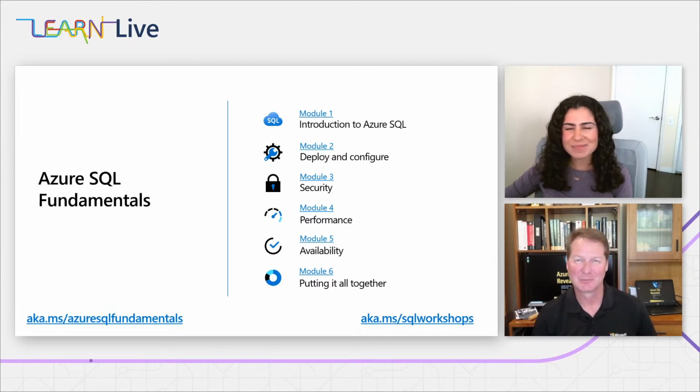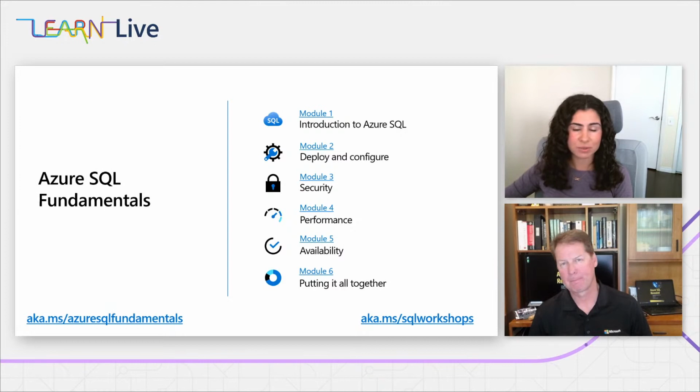A few references you'll see on the bottom left and bottom right. That first one on the bottom left is going to be to this learning path in Microsoft Learn. And the second one on the right is a link to a bunch of resources that our team puts together related to SQL. If you select the Azure SQL Workshop, then there's a whole repository that includes the slides that you're seeing today.